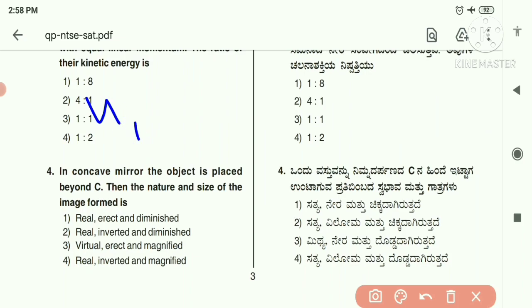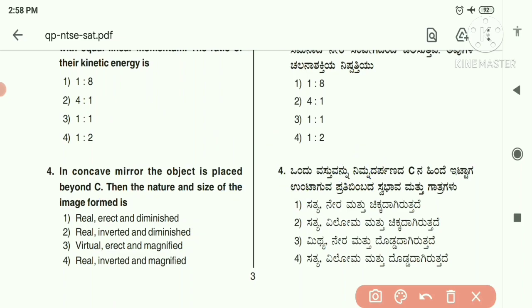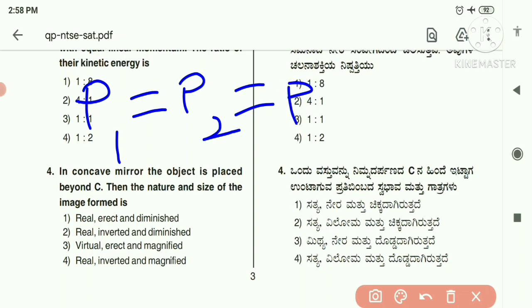Here m1 is equal to m and m2 is equal to 4m. Since there is equal momentum, we can write that P1 is equal to P2 is P.